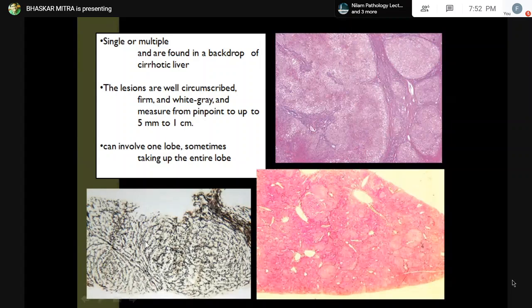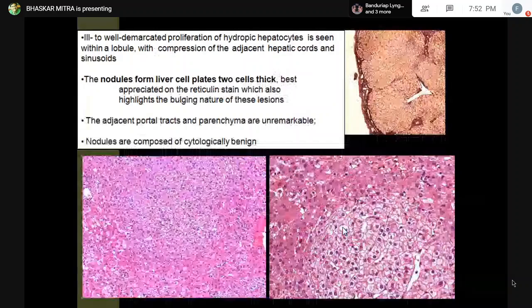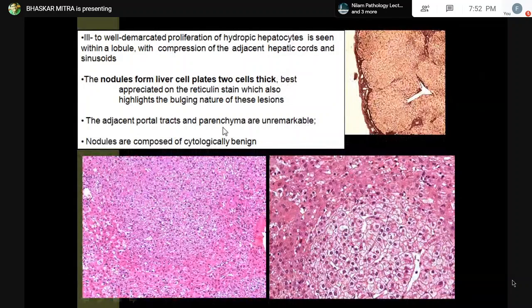But when you see the reticulin pattern, again we can see the cell thickness is 1 to 2 cell layers, so the cell thickness is less than 2, or less than 3. Sometimes the fibrosis is prominent in the backdrop, but sometimes there may be ill to well demarcated proliferation of hypertrophic hepatocytes within the lobules.